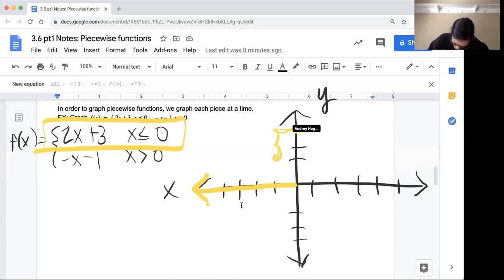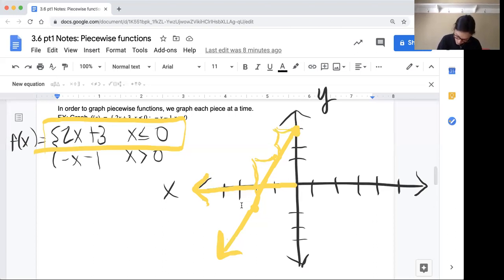So then if I do that again, I'm going to go over 1, down 2. Then I have some points. I'm going to sketch my graph, and my line is going to look something like that, and it's going to keep going down that way. And you'll notice that I have a closed circle on my y-intercept. That's because at x equals 0, this function does exist because my inequality is less than or equal to 0.